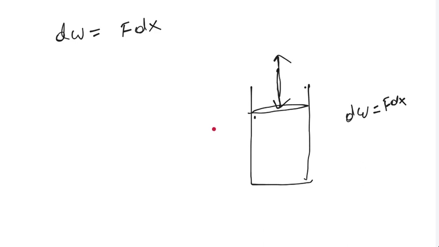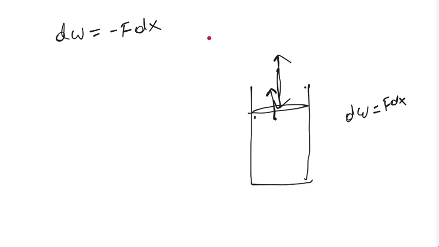If you release the pressure, then it will expand in the upper direction, so it will be considered a negative force. The force you are applying to the cylinder is positive. The force the cylinder applies is negative. So that's why dw equal to minus F dx.